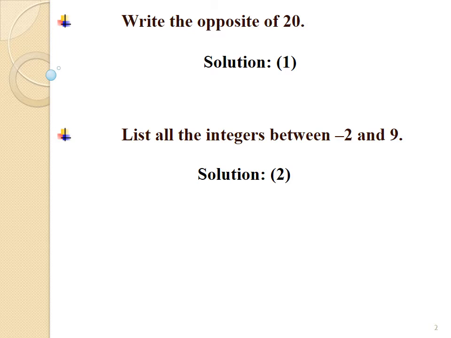The numbers 1, 2, 3, etc. are called positive integers, and the numbers -1, -2, -3, etc. are called negative integers. The number 0 is neither positive nor negative.